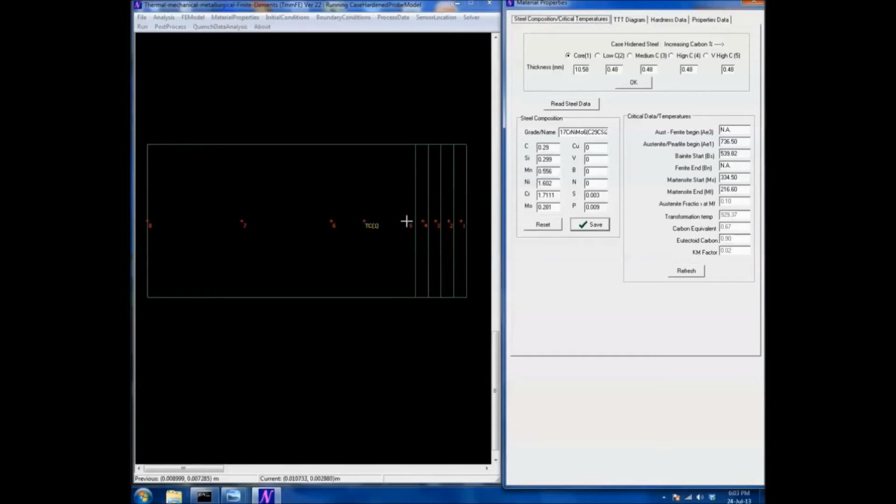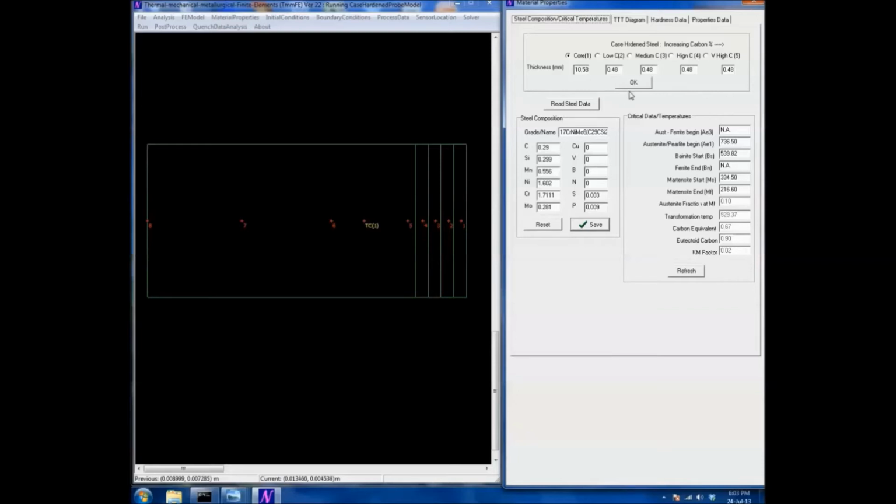There are 8 virtual sensors located at important locations. The entire disc is divided into 5 regions. The central region is the base metal, and the subsequent 4 layers constitute the total case.